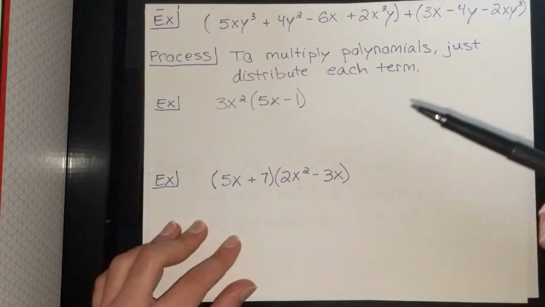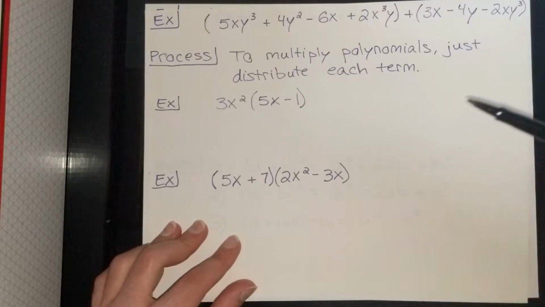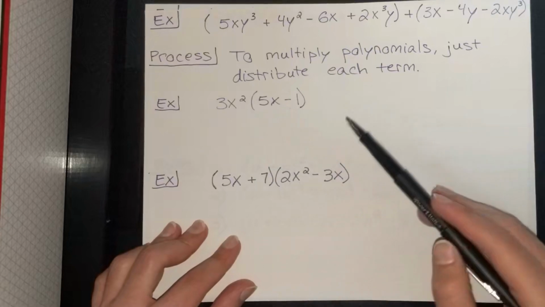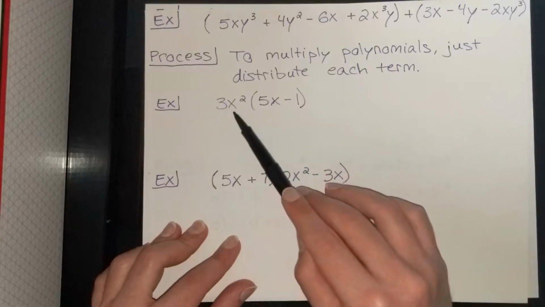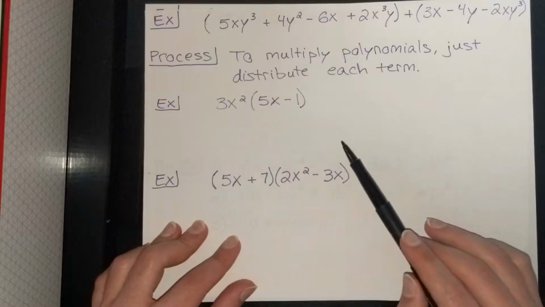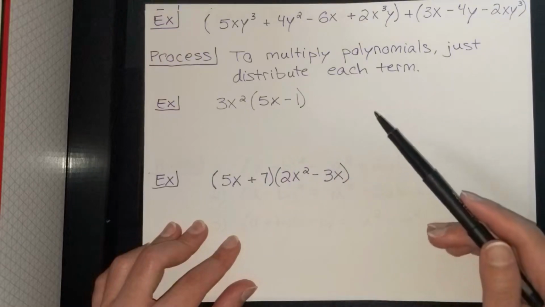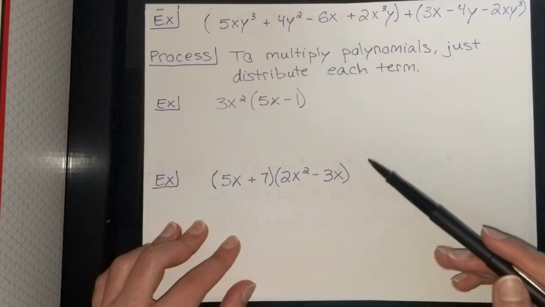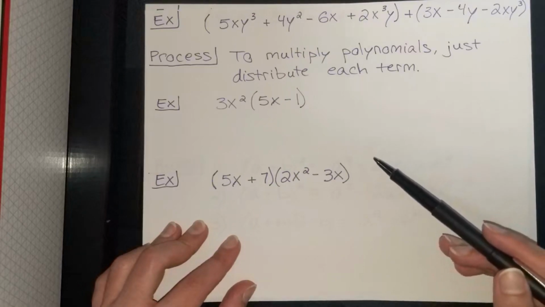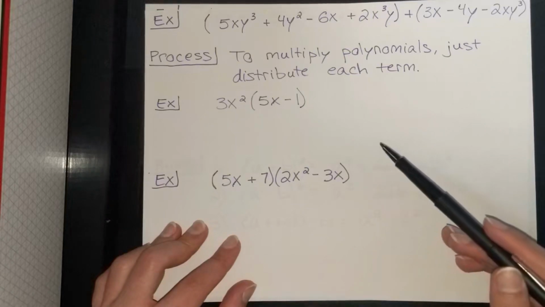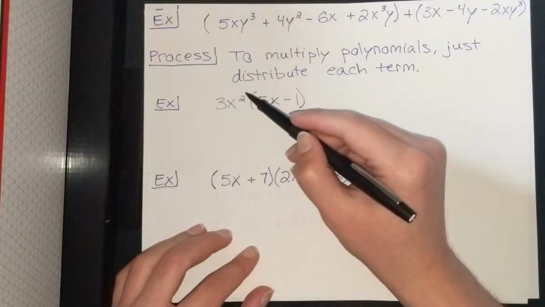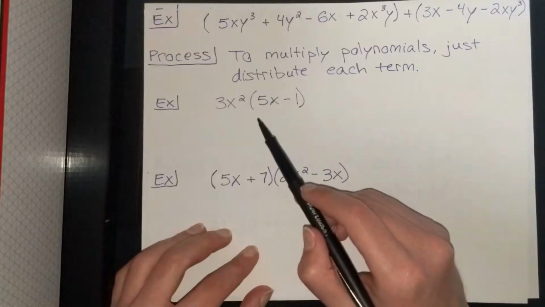Everything that's being added or subtracted, every term that's separated by addition or subtraction, I meant to say, you're just going to distribute it. There are other methods for this. One of the most common is the box method. And if you've ever seen that and you're more comfortable with it, then go ahead and just use that. But I found that most people end up preferring this method.